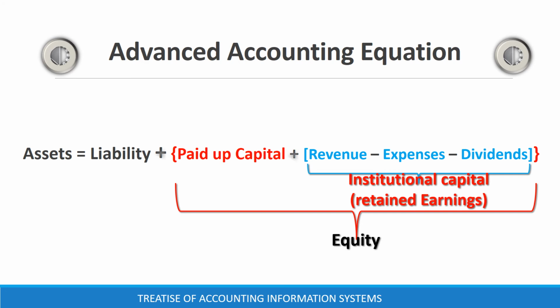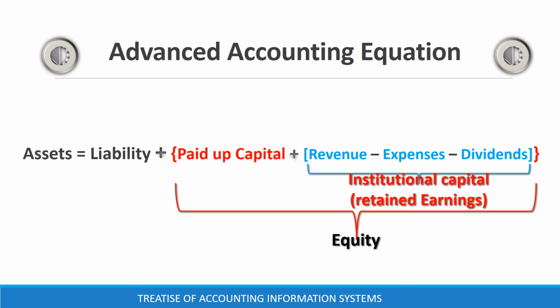and dividends. The difference between the basic accounting equation and the advanced accounting equation is that in the advanced accounting equation, equity is split into 2, that is, paid up capital and institutional capital. Institutional capital is derived from total revenue less total expenses less total dividends.